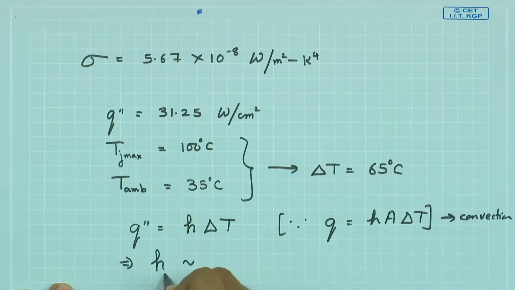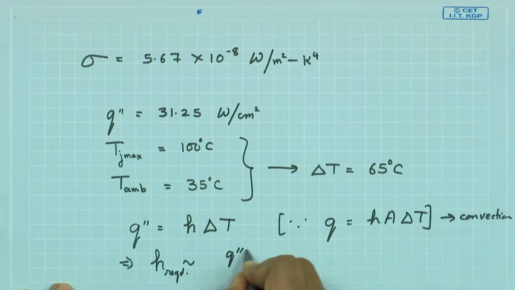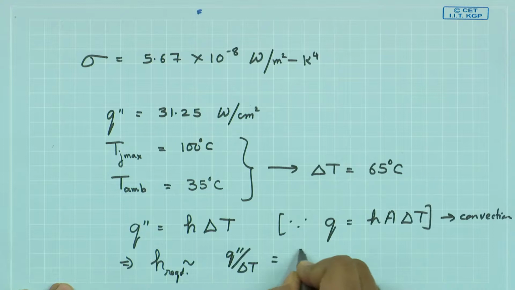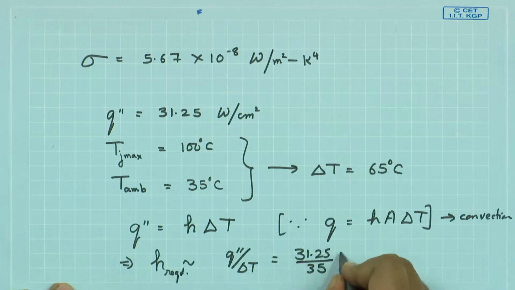So for the given scenario, my H required will be Q double prime over delta T, and that comes out to be 31.25 divided by 65, sorry, delta T is 65, watts per centimeter squared Kelvin.